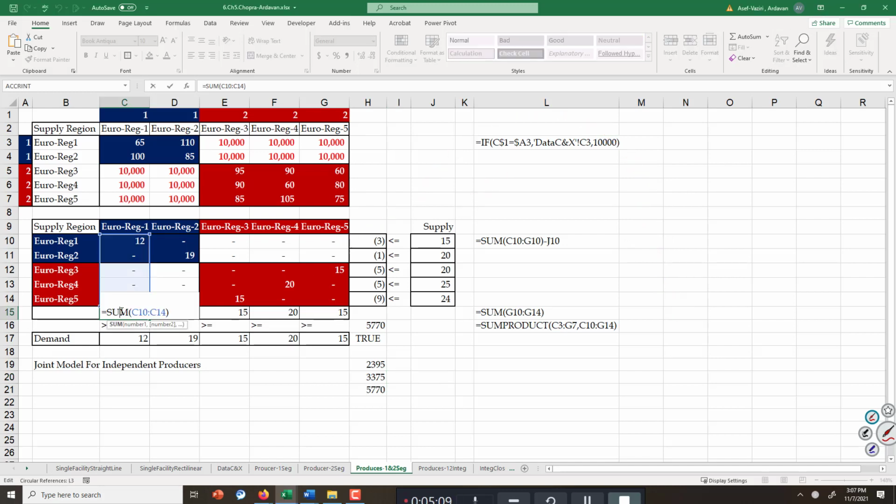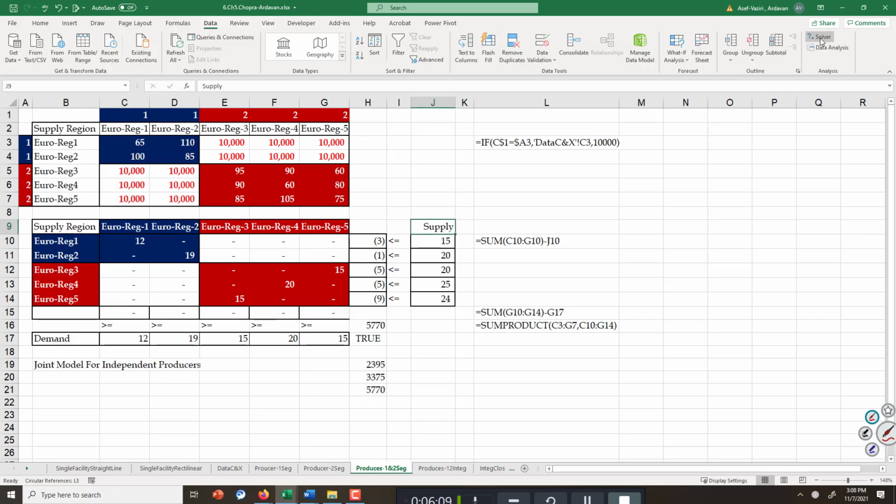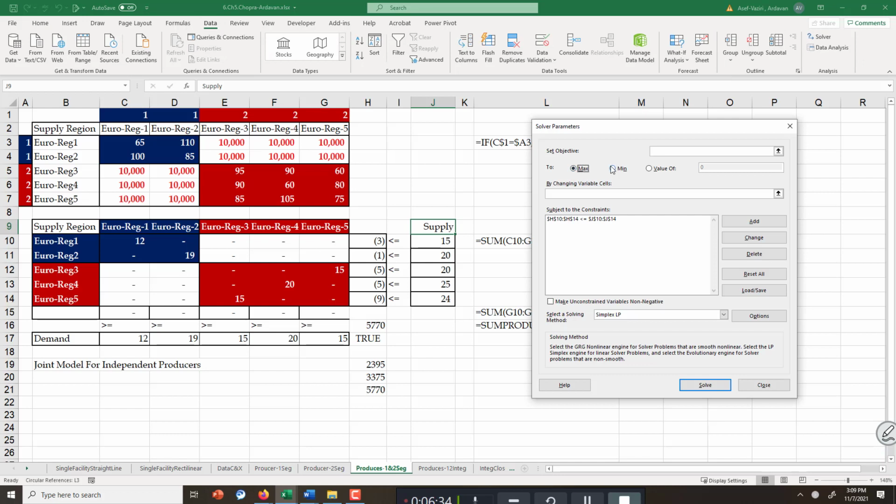The same for demands. This is demand of all markets, including those which this cannot serve. And then I also bring the negative of this one over there, and then I copy to the right. Data solver, not maximization, minimization, because we are dealing with cost. Minimization of this value.